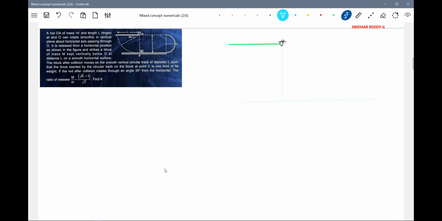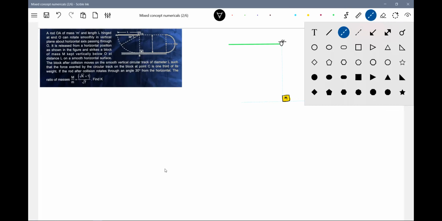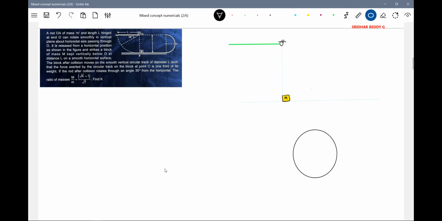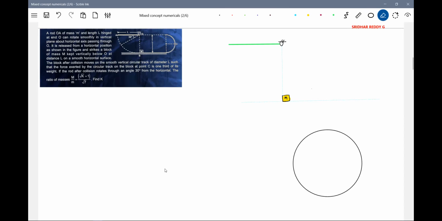And here we have placed a block. After this, we have a circular track. I think you have to be a little bit alert, huh?